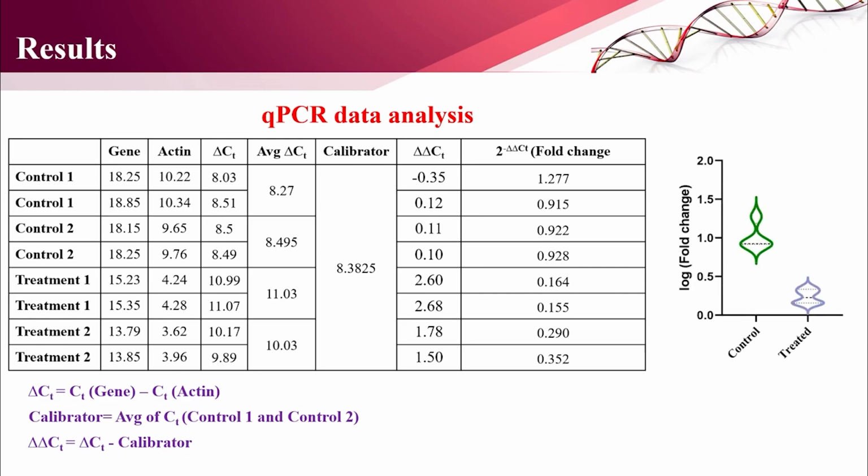This fold change can then be plotted on a graph. Here we can see the graph. For example, the control fold change will generally be close to 1, around 1, and the treated one is between 0.0 and 0.5.